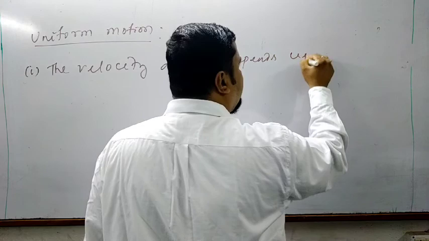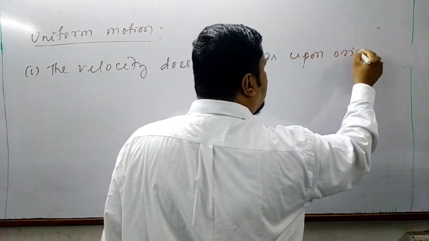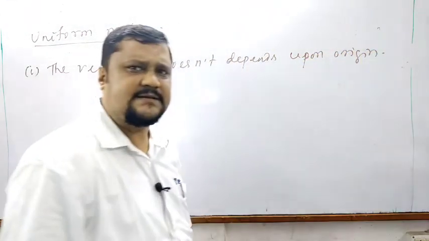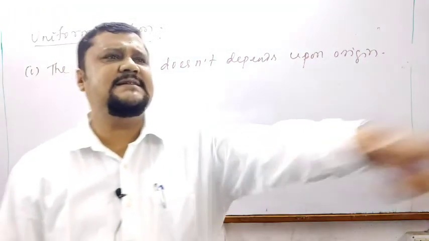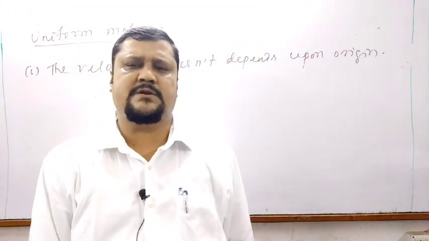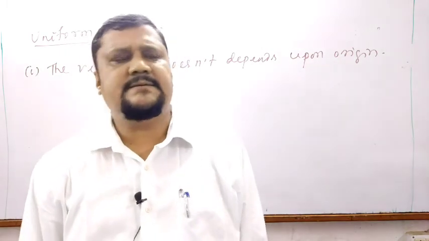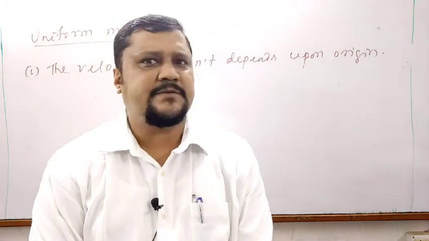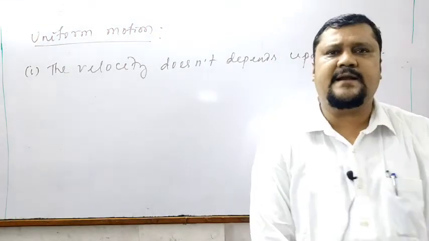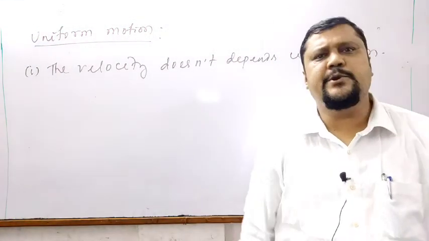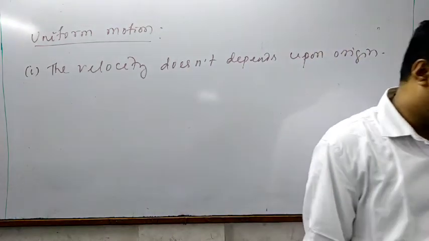Origin means the frame of reference. I am observing here and I say yes, the body is in uniform motion. But if I change to any other place and observe, I will say that yes, the body is also in uniform motion. It does not depend upon the origin.